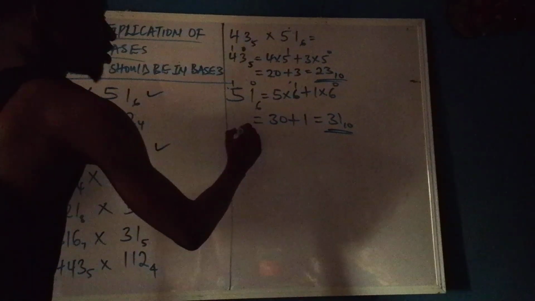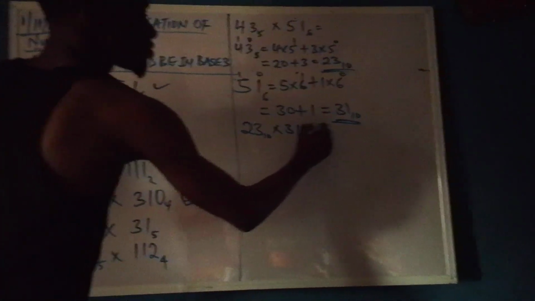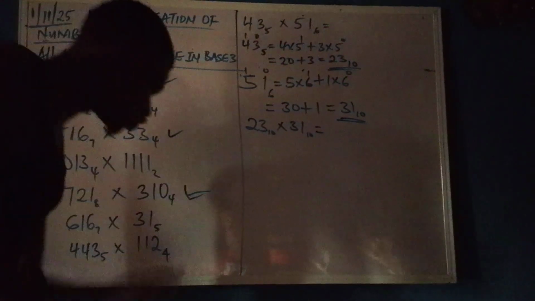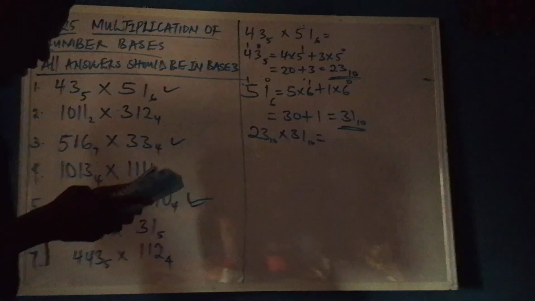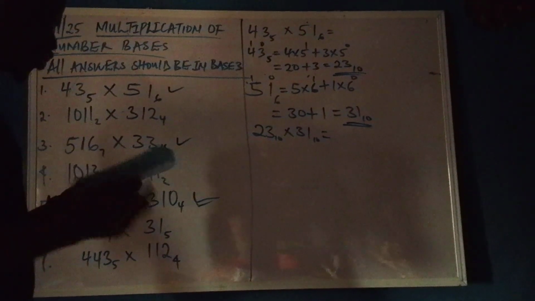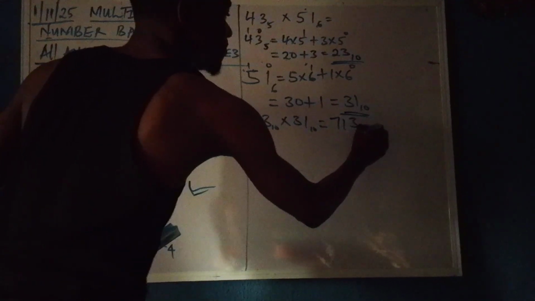The next step is to multiply them in base 10. To do multiplication in base 10, it's just like doing your normal multiplication in mathematics. So 23 times 31 is going to give 713 base 10.